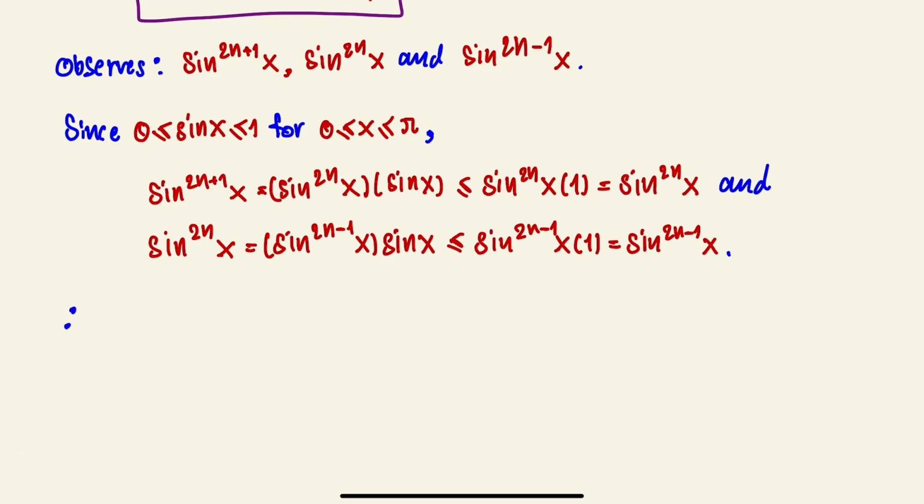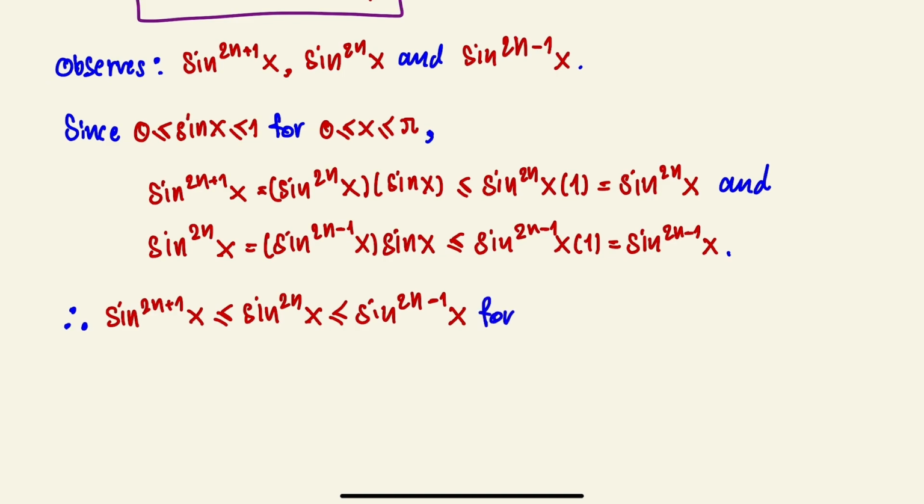So we're going to have sine raised to the power of 2n plus 1 x less than or equal to sine raised to the power of 2n x less than or equal to sine raised to the power of 2n minus 1 x, for x greater than or equal to 0, less than or equal to pi.